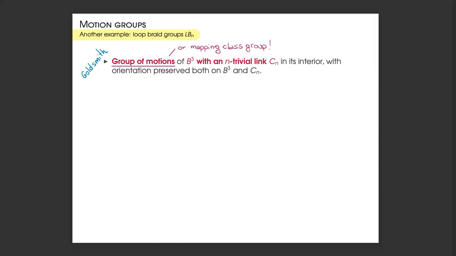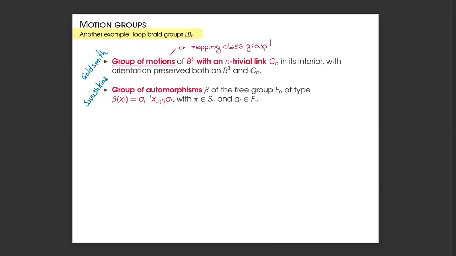So we have a big space, a ball, with some topological circles inside, and we let them move along some homeomorphism. Along the movement, if they flip, so the orientation changes, maybe they have to flip again, but at the end of the homeomorphism they have to go back with the same orientation that they started with.